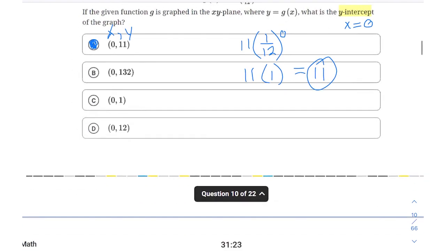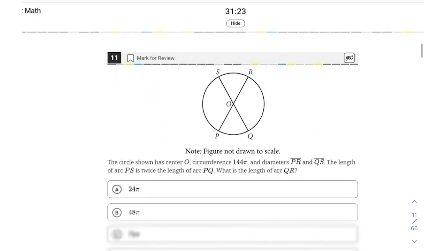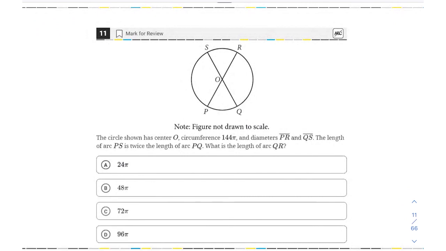Alrighty, let's take a look now at question number 11. And here we see a circle, and it says, the circle shown has center O, circumference 144 pi, and diameters PR and QS. The length of arc PS is twice the length of arc PQ. What is the length of arc QR?